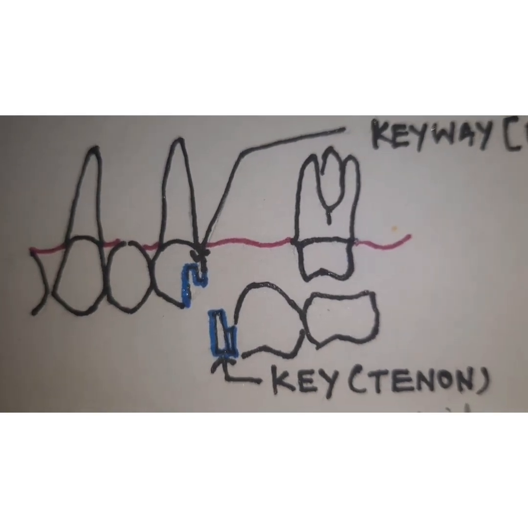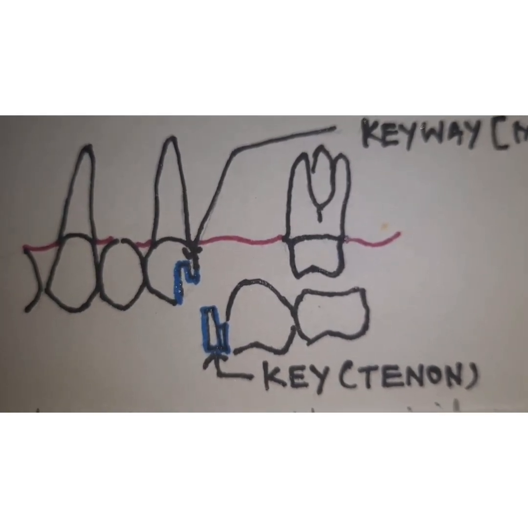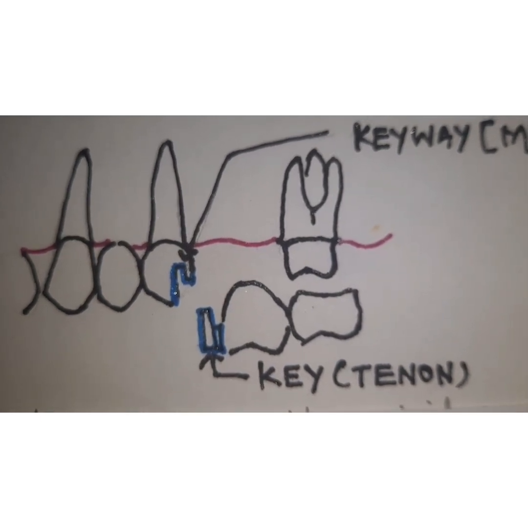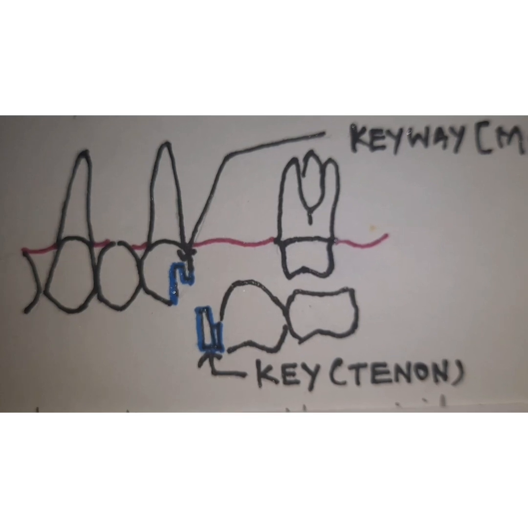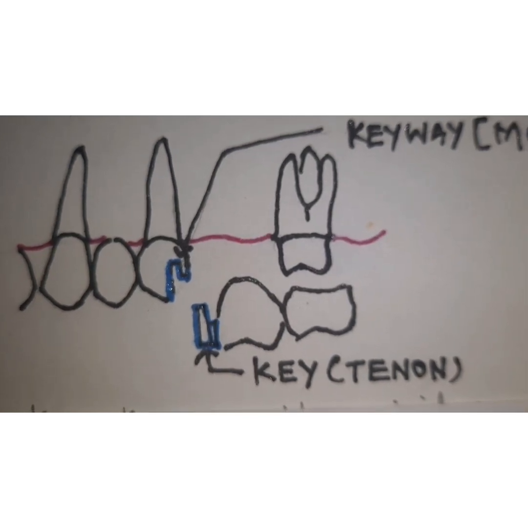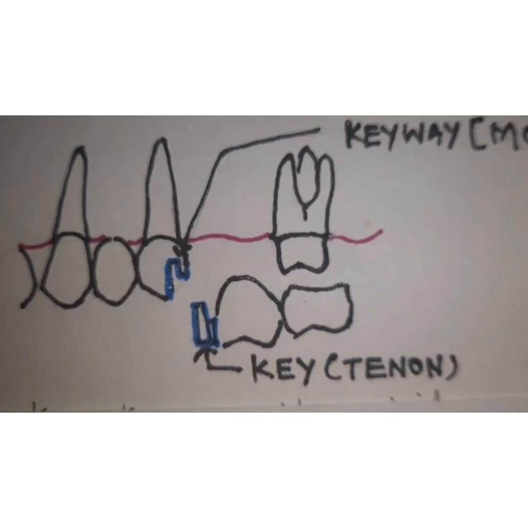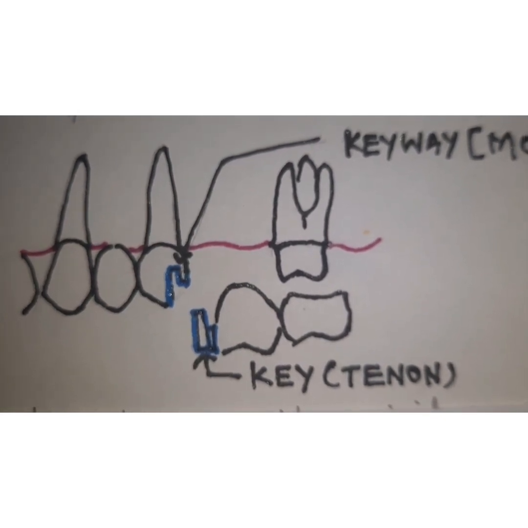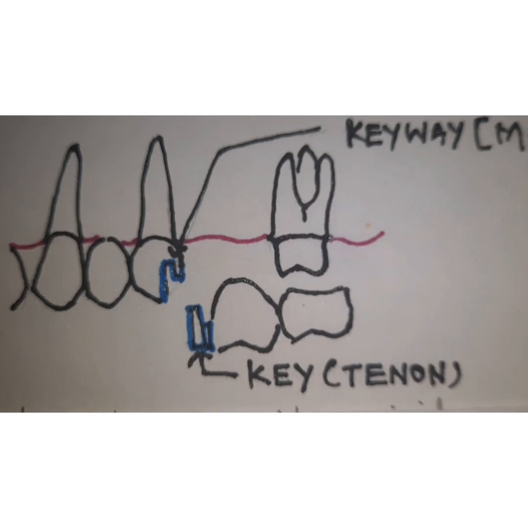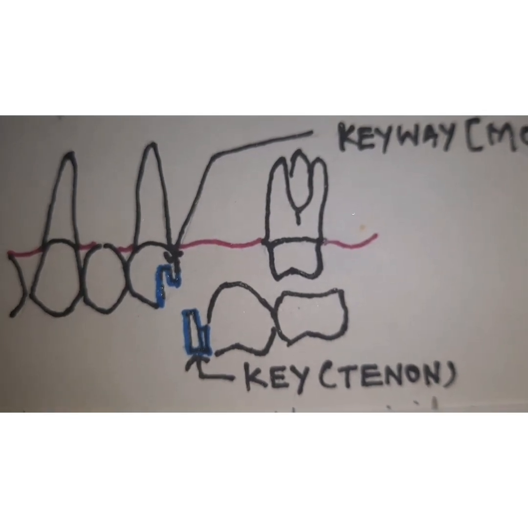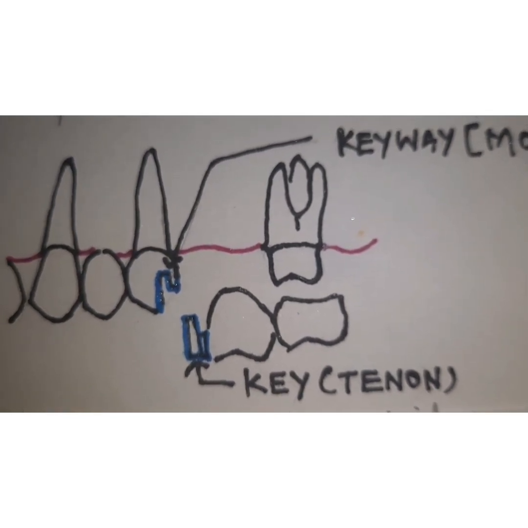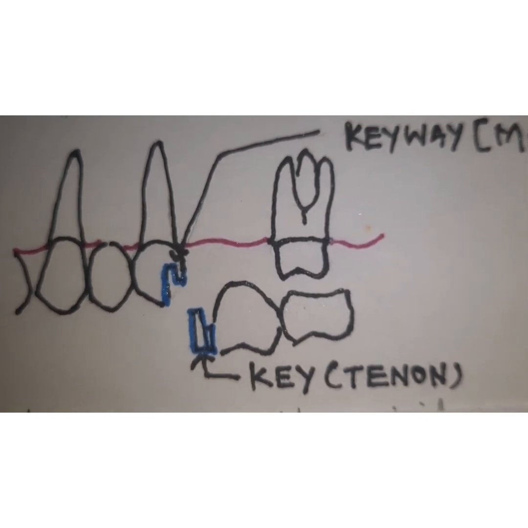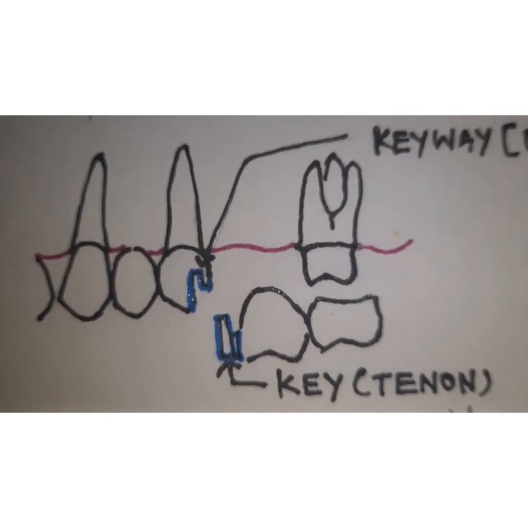Since this is a precision attachment, it is always better, rather than doing freehand wax or modifying in the wax pattern, to use a milling machine for making such components. Also, you have prefabricated components, the key and the keyways, which are just attached in the wax pattern before the casting procedure.